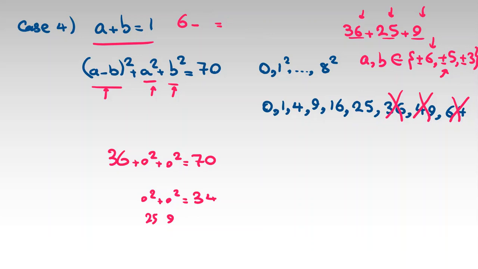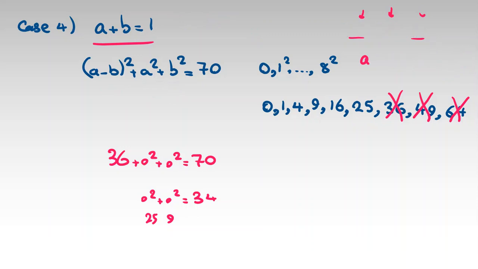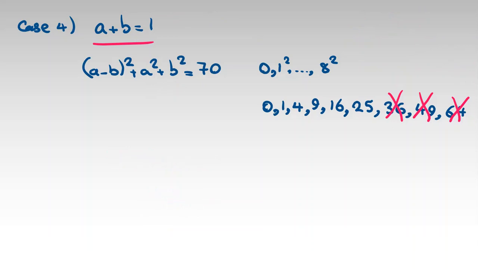Let's erase things we don't need. The next case, let's check 25. If you check 25 and want to create 70, 25 plus this squared plus this squared, the two squares will sum to 45.